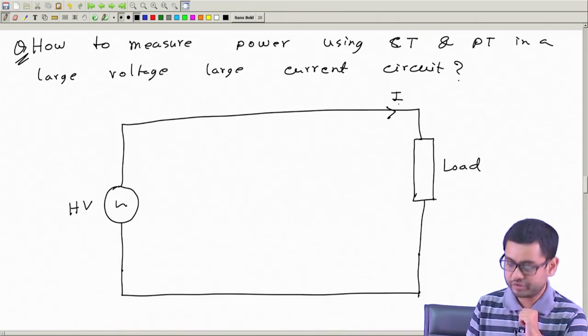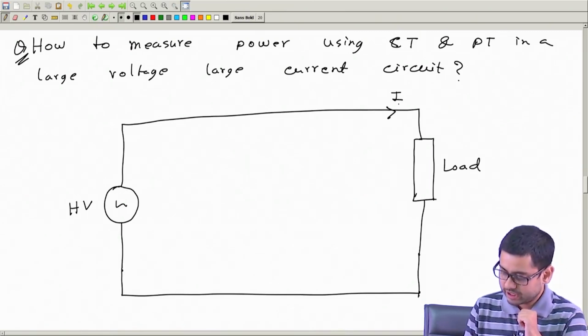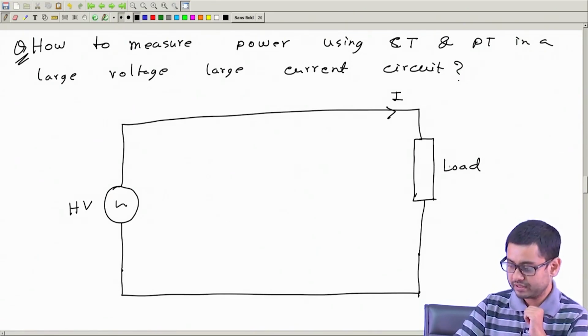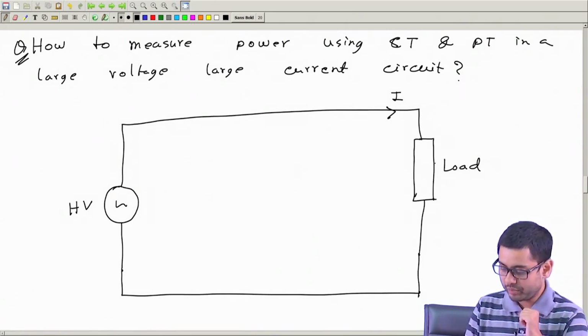We want to measure, say, the power being delivered by the source or consumed by the load. So what do we normally do?